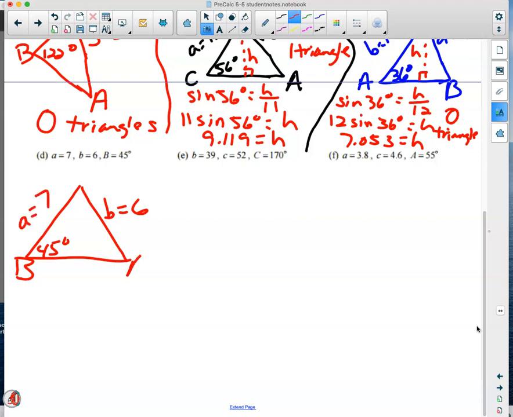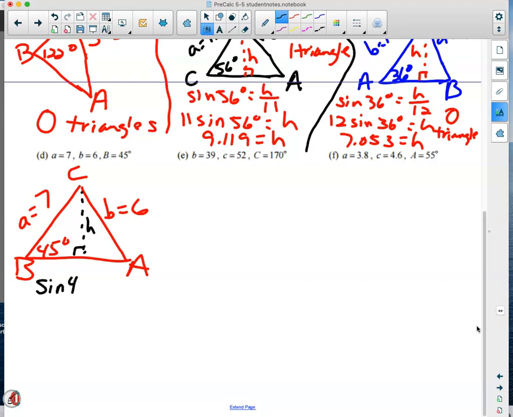So there's our A, which means our capital A would be down here. And this would be a C. So it's acute. Got to check. Let's drop down that altitude, that height, and find it.